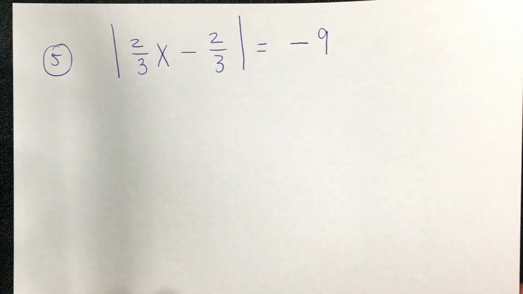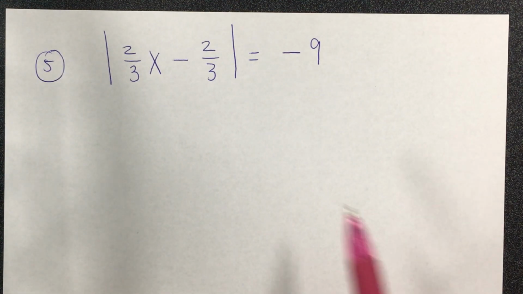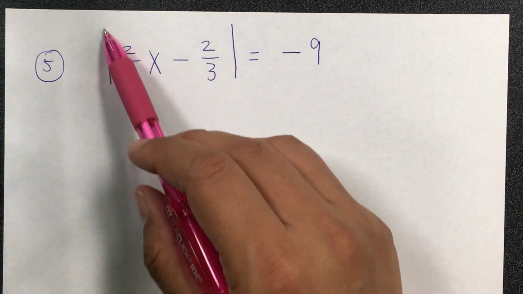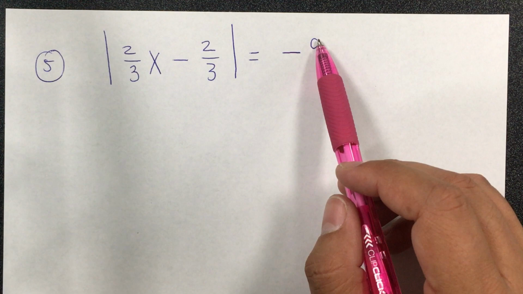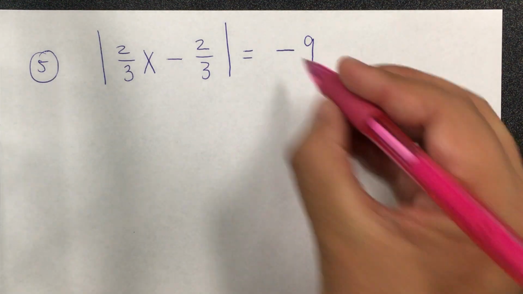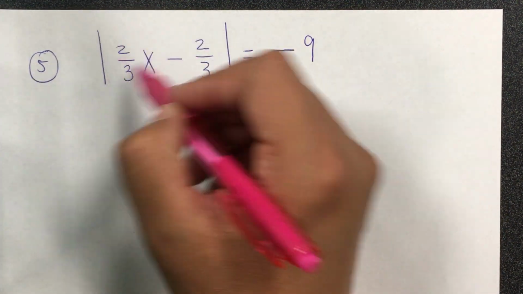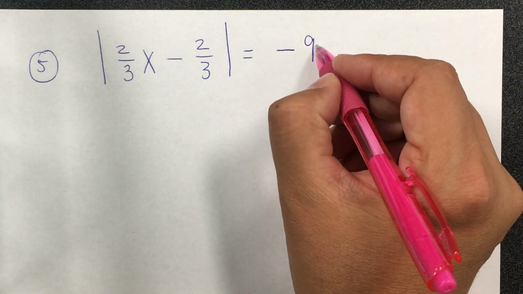Okay, let's do one last one. And once you take out the absolute value, remember that the answer has to always, always, always be positive. So for number 5, in here it says that the absolute value of something becomes negative 9.